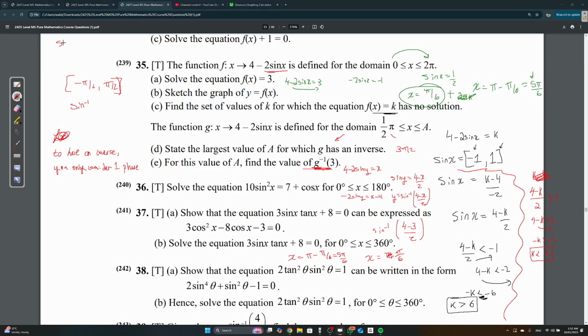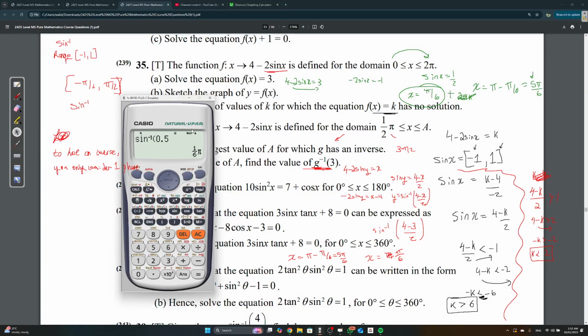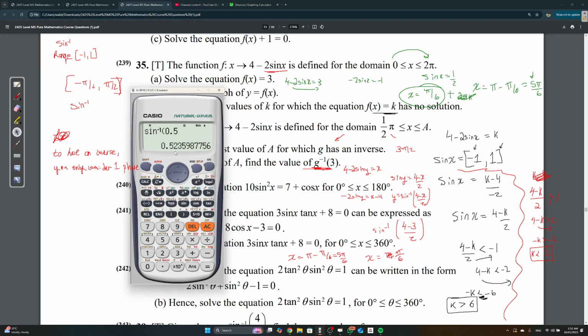Remember, sine inverse, its range is from minus pi over 2 to pi over 2. Pi over 6 is fine, but 5 pi over 6, you're outside of the range now. So the 5 pi over 6 will be rejected, and your only solution will be pi over 6.